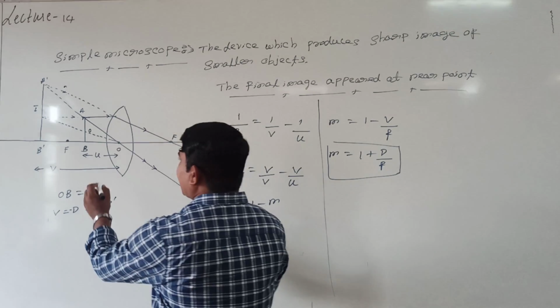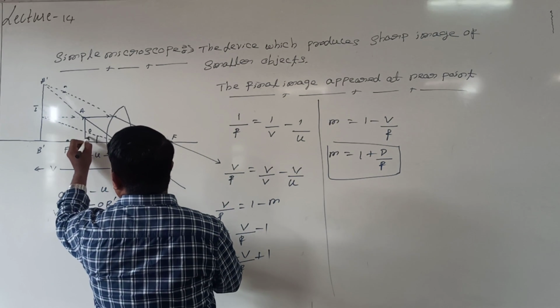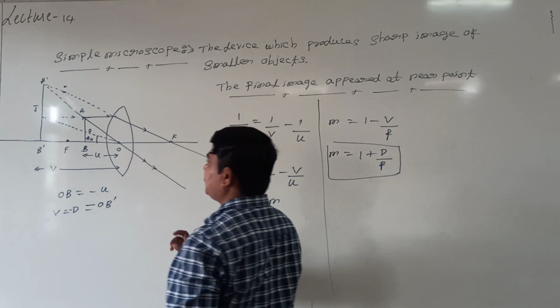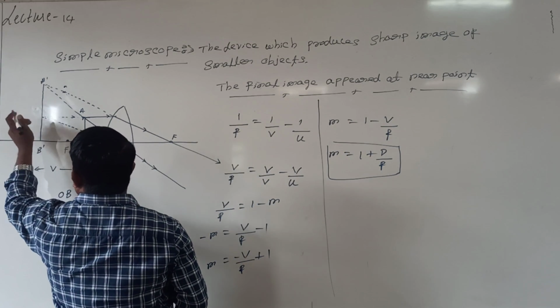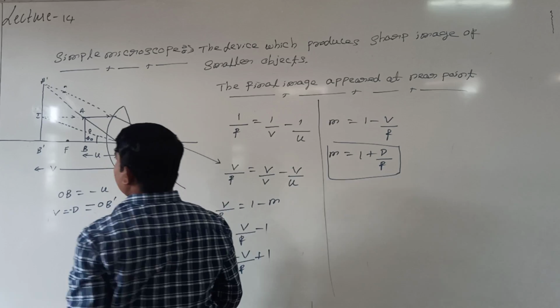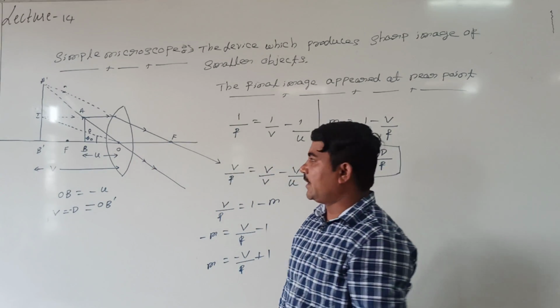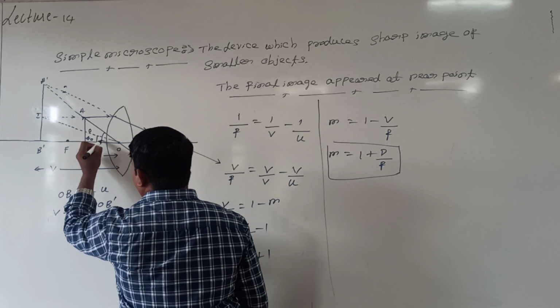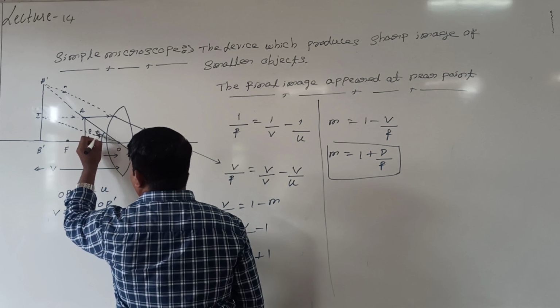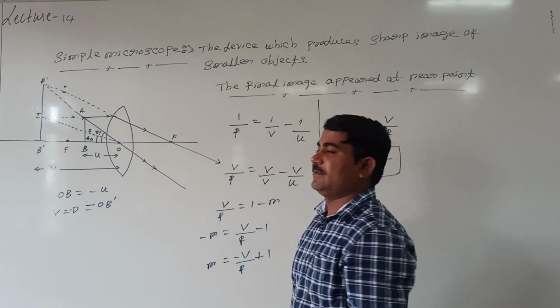Then this one triangle I can take. The angle made by the object is represented by theta naught. Then this I can call the angle made by the image, represented by theta I.